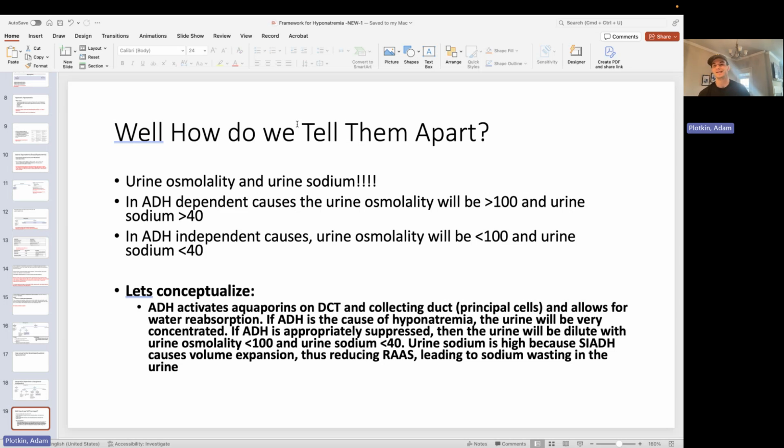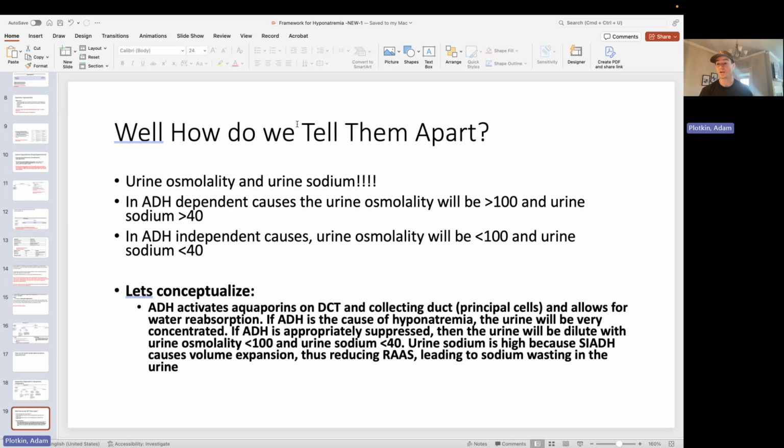Okay. So if this is an ADH dependent process, ADH is going to cause the aquaporins to move. We're going to reabsorb water and we're going to leave a lot of my solutes in the urine. So the urine osmolality will be greater than 100 if this is an ADH dependent cause of euvolemic hyponatremia.